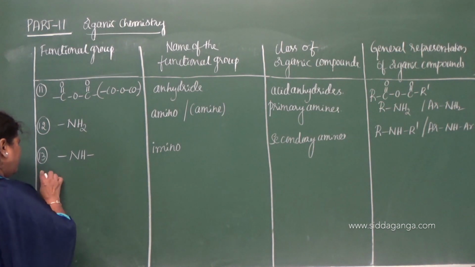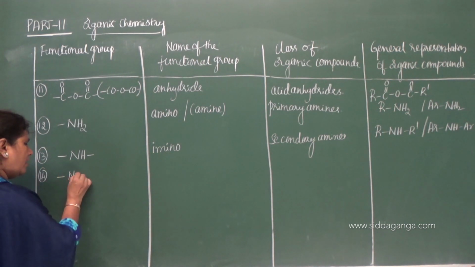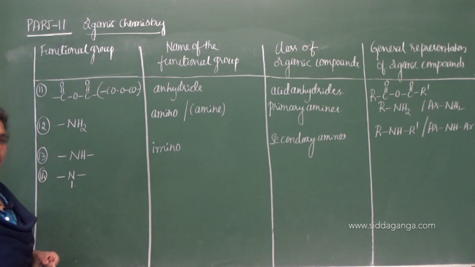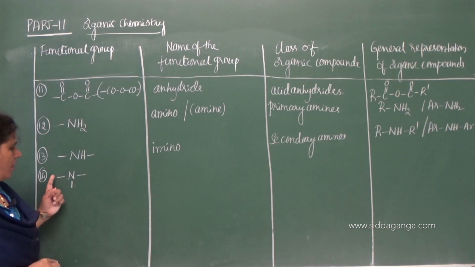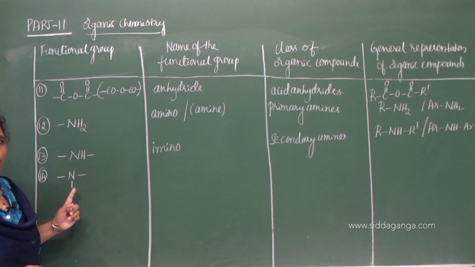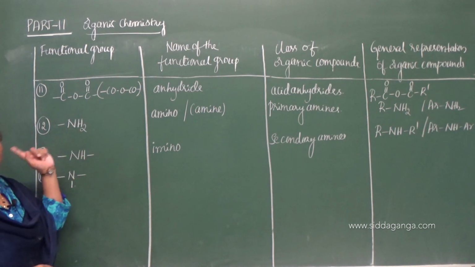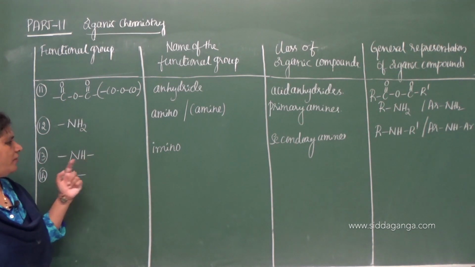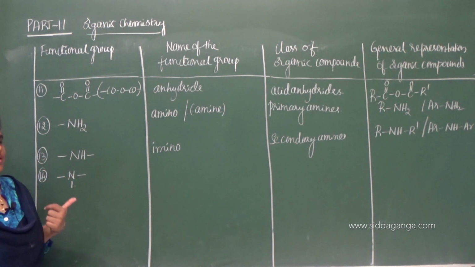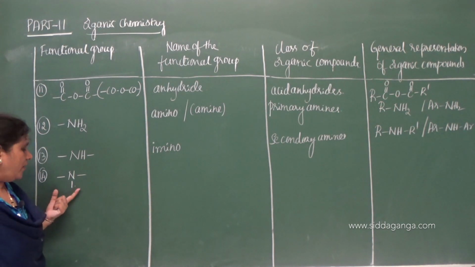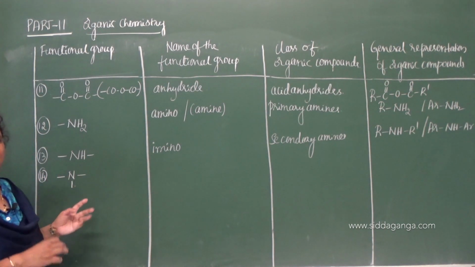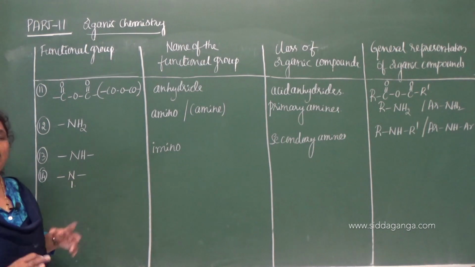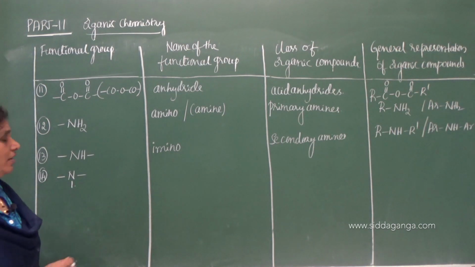Now the next one is N. Only nitrogen is left. These are derivatives of ammonia. First, we removed one hydrogen, which gives the primary amine functional group. After removing two hydrogen atoms, we get the secondary amino group. Now we are removing all three hydrogen atoms from ammonia, so all three valencies of nitrogen are vacant.